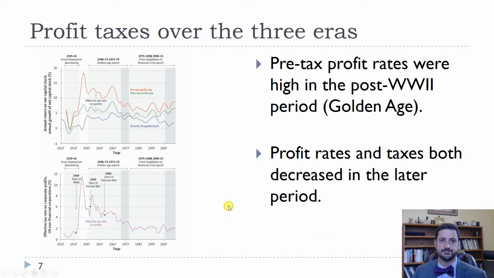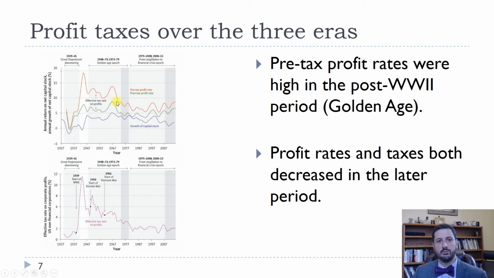If we look at profit taxes and profitability over the same period, so here we start in 1927, we can see that the pre-tax profit rate, this orange line, was very high in the 50s and 60s when we had that really strong growth. But taxes on profits, which is the difference between the orange line and the green line, which is graphed down here as the purple line, were also much higher.